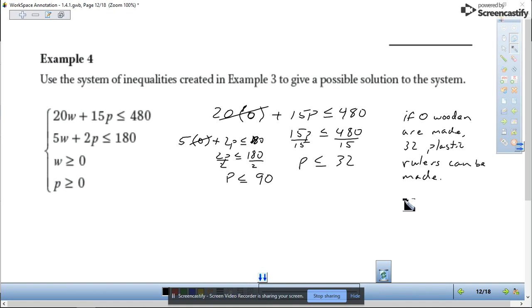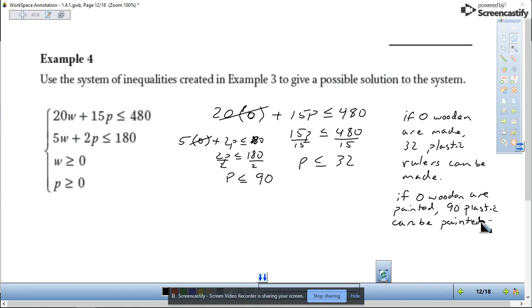If 0 wooden are painted, 90 plastic can be painted. Now, I only did that for the max number of plastic.